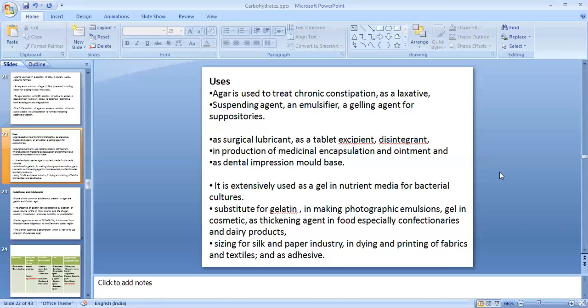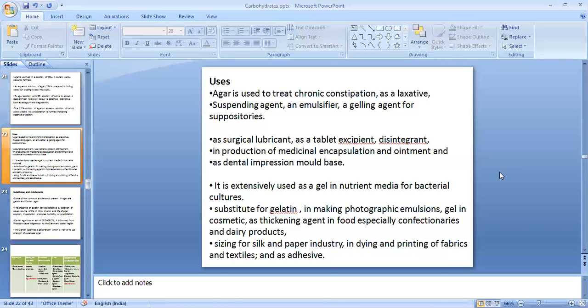And this agar is sometimes used in microencapsulation, and it is also used in some ointment preparations, and in dental impression mold base along with other substances. And extensively, this agar gel is used in the preparation of nutrient media for bacteriological cultures.